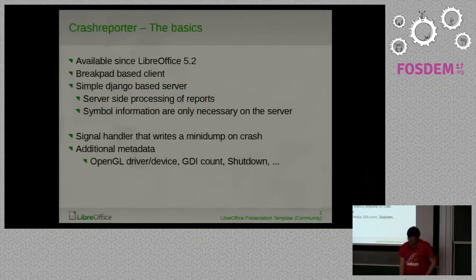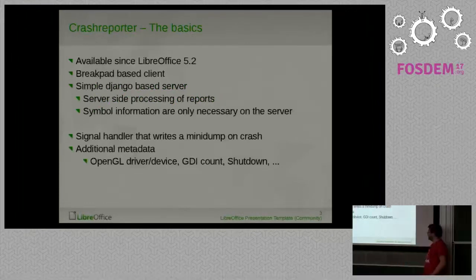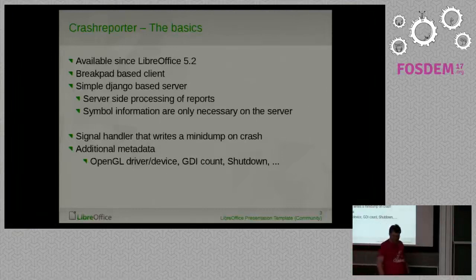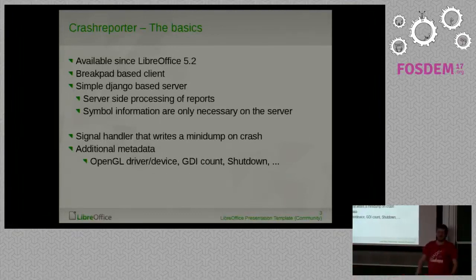So how does the LibreOffice Crash Reporter work? It's based on Breakpad, a library developed by Google for Google Chrome, used by Mozilla for Firefox and Thunderbird. On the server side, we have a simple Django-based server that accepts crash reports, processes them, and uses the symbols that we generate during the build to symbolify the crash reports.